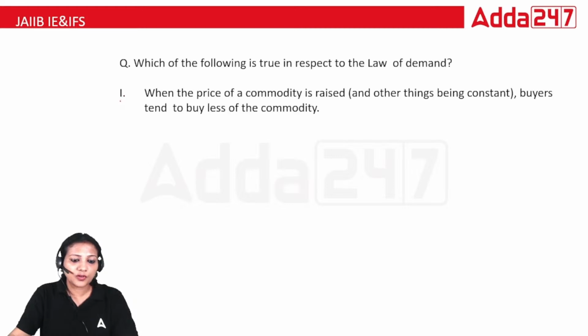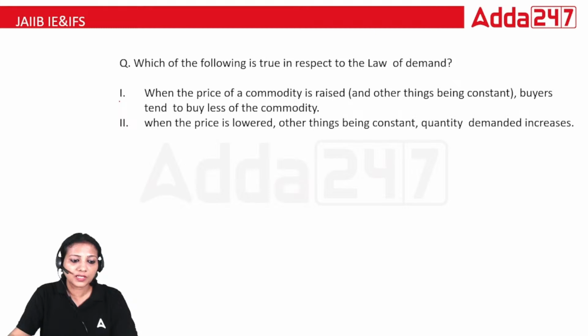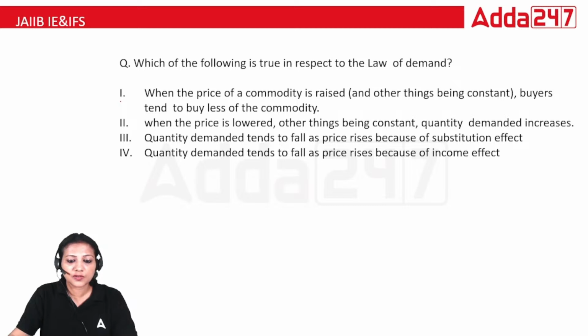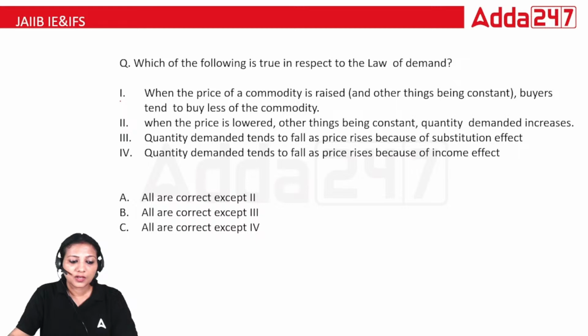Which of the following is true in respect of the law of demand? When the price of a commodity is raised, buyers tend to buy less of the commodity. When the price is lowered, other things being constant, quantity demanded increases. Quantity demanded tends to fall as price rises because of substitution effect, and because of income effect. All are correct except 2, except 3, except 4, or all are correct.